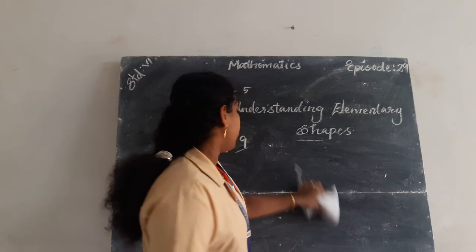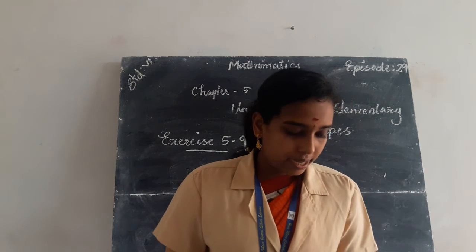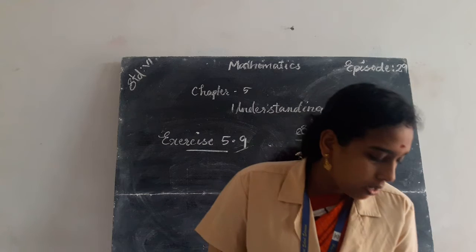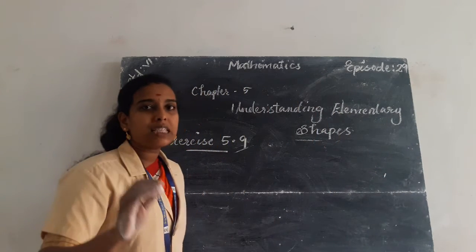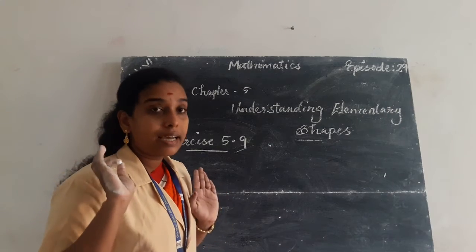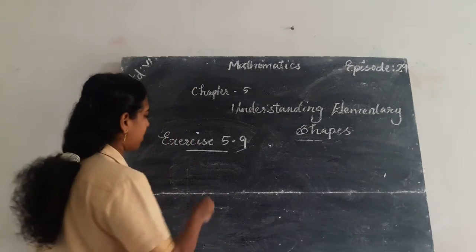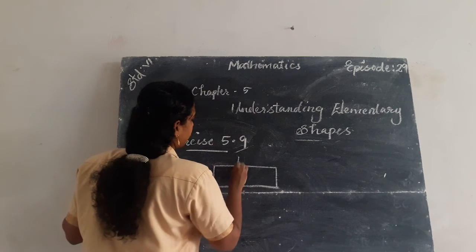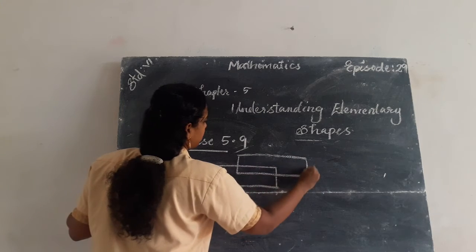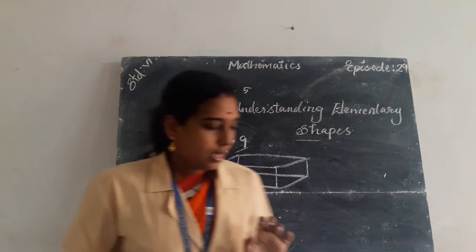Like this, all three-dimensional figures have faces, edges and vertices. Okay, so here a cuboid looks like a rectangular box, which means a cuboid is made up of rectangles. Rectangle means two opposite sides are equal. So a cuboid is made up of rectangles.